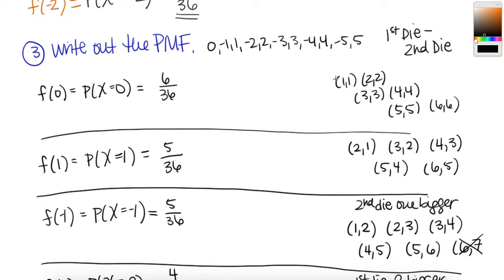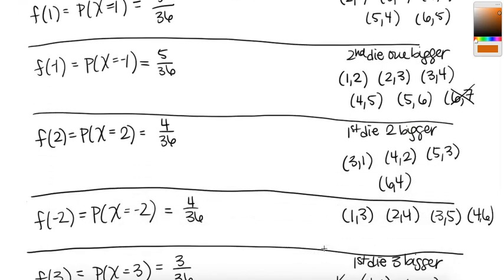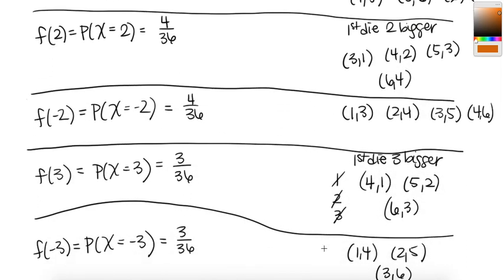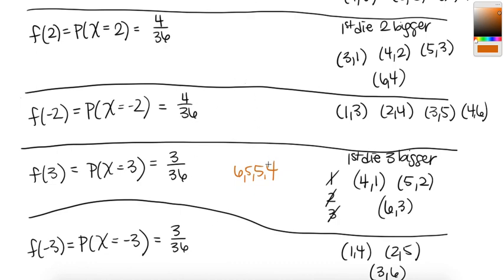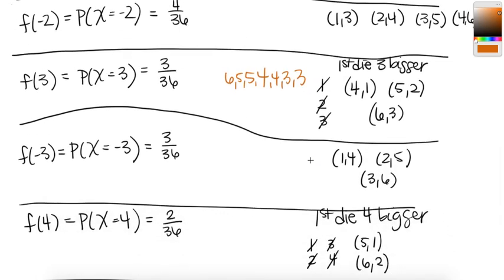Okay, but let's double check something. So all of the outcomes should be taken into account here. So let's just note, right, when we add up these probabilities, we should get 1. So 6, 5, 5, and 4. Okay. So let's write that down somewhere. Okay, we had 6, 5, 5, and 4. And then we had 4, 3, and 3. Okay.